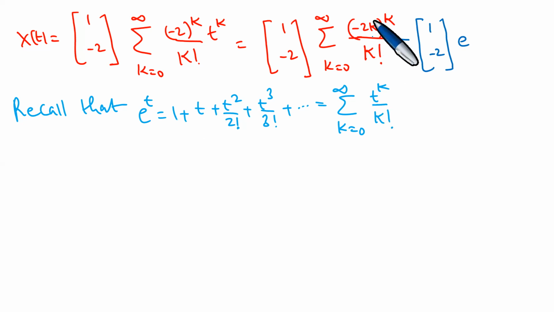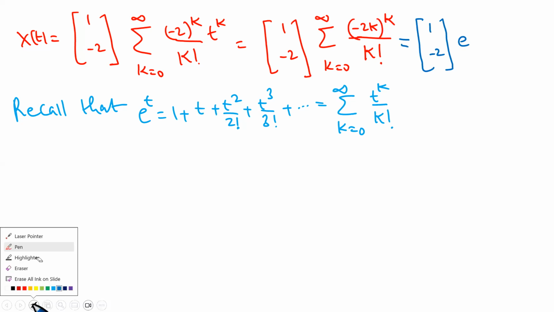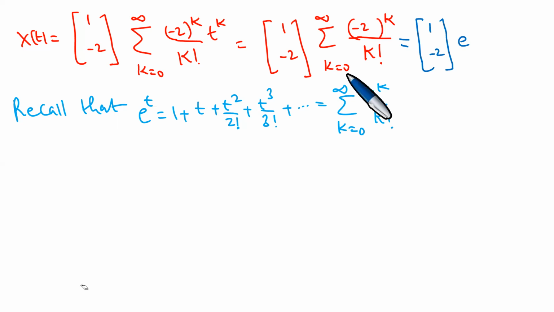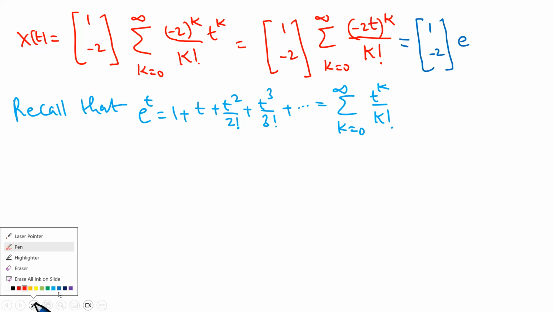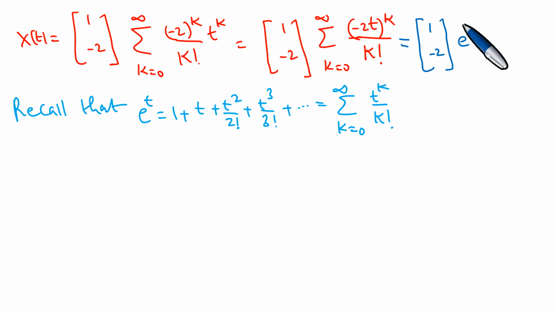So here, what did I write here? I wrote a k, it must be t here. So that what we have is that it becomes e to the minus 2t, like this. So this has been written in terms of the appropriate exponential function.